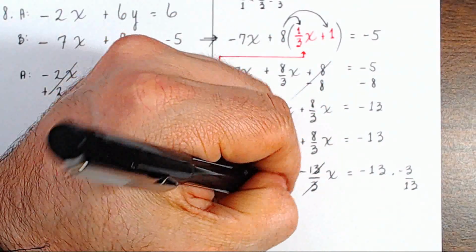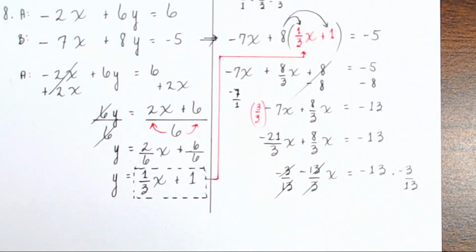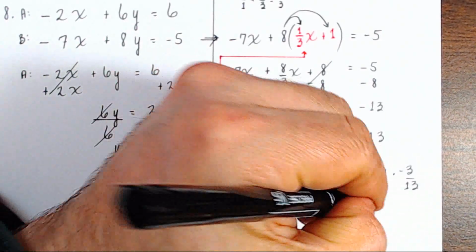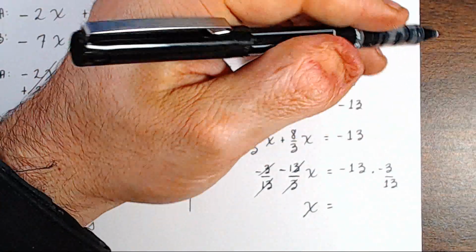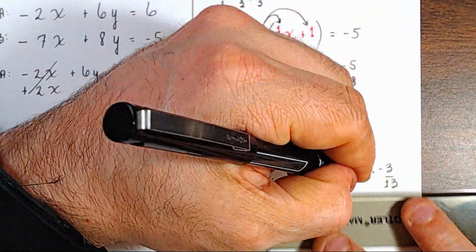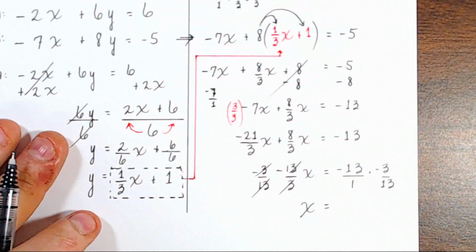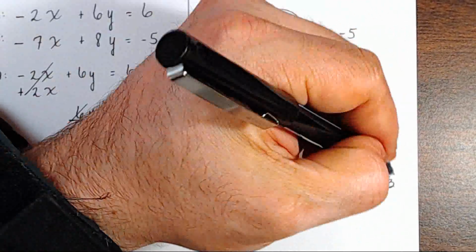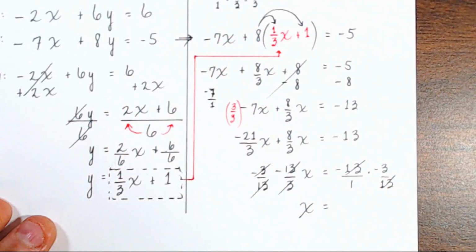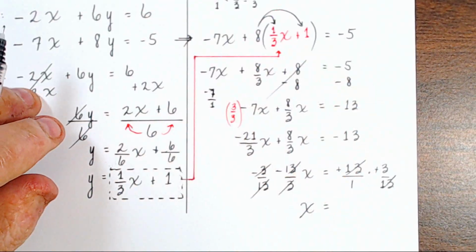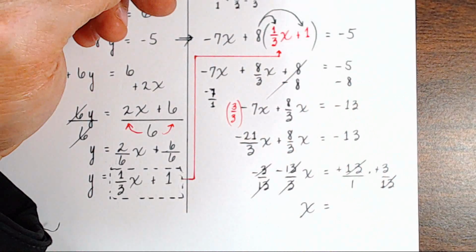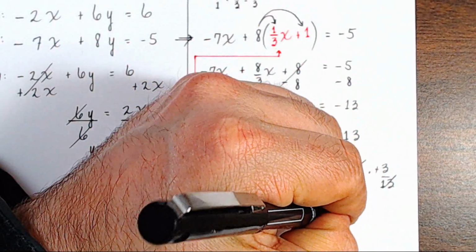Everything on the left cancels out except the x. So we have x equals, now before you start doing anything, check this out. Remember, negative 13 is really negative 13 over 1. So these 13s cancel out as well. The negatives also cancel out, which leaves just 3 over 1, or x equals 3.